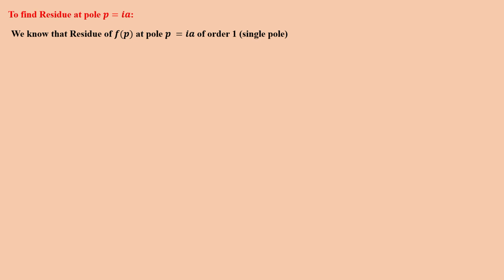So p is equal to i a is the single pole of order 1. Using the formula, residue of f of p at p is equal to i a is equal to limit p tends to i a of p minus i a into f of p. Substituting the f of p value, limit p tends to i a of p minus i a e power minus i p x by p plus i a into p minus i a. The p minus i a in the numerator and denominator get cancelled.